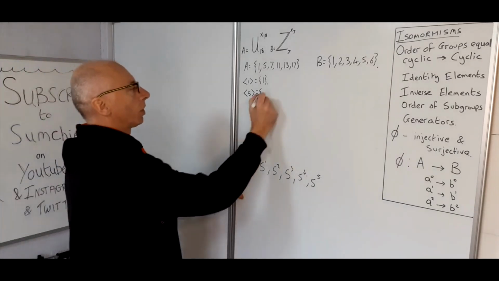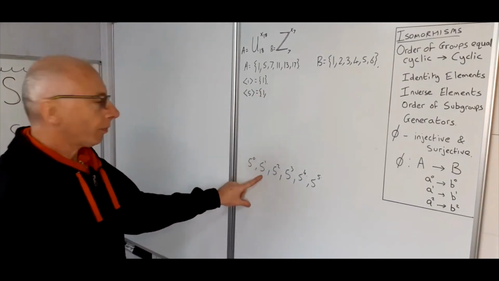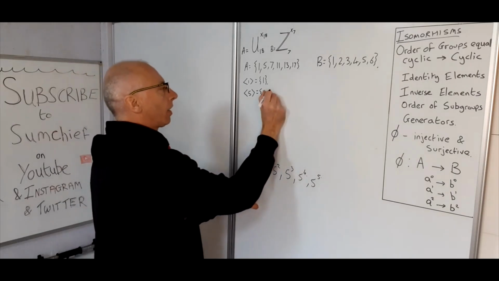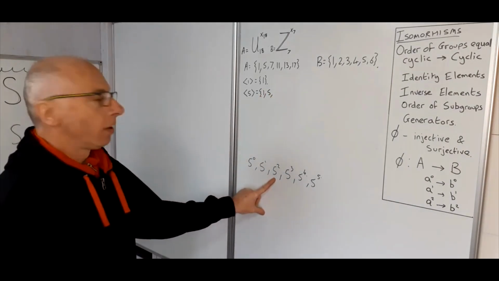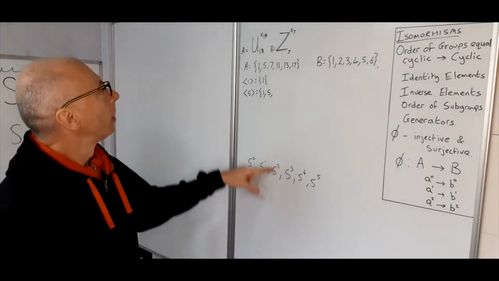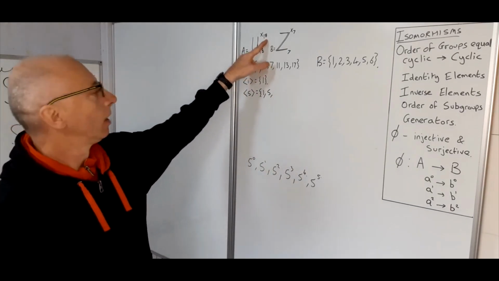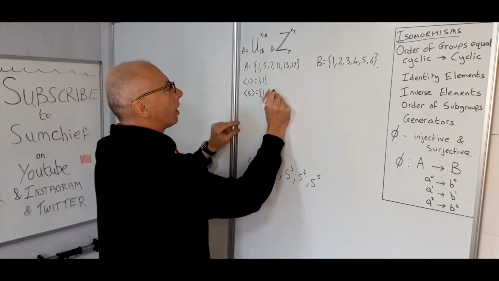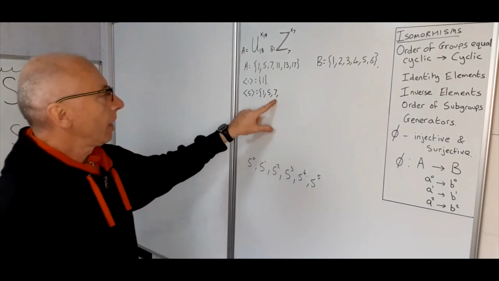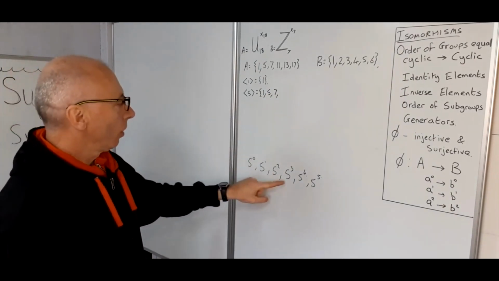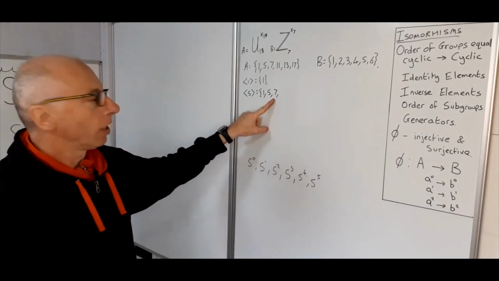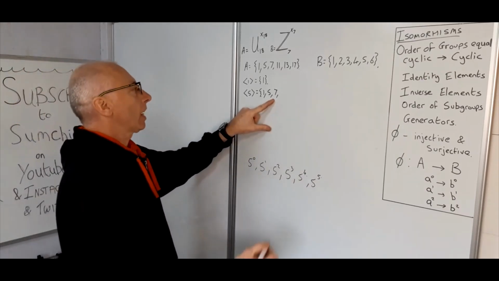So 5 to the 0 gives us 1. 5 to the 1 gives us 5. So that's easy enough. 5 squared is 25. 25 modulus 18 will give us 7. Now we can use this one. Instead of doing 5 cubed, we can just take this one and multiply it by 5 to give us our next element.